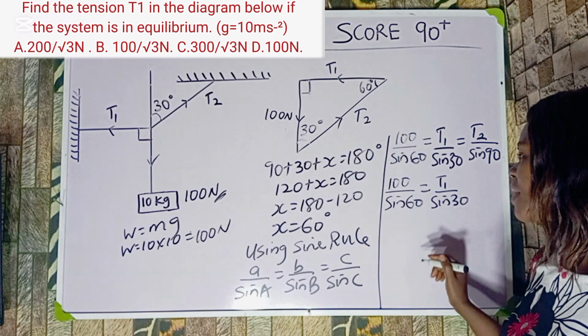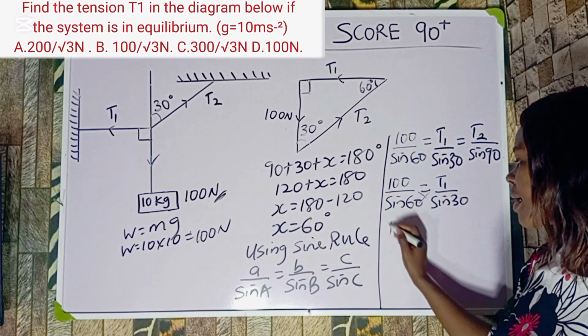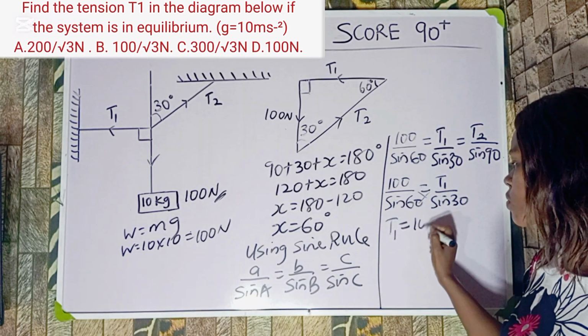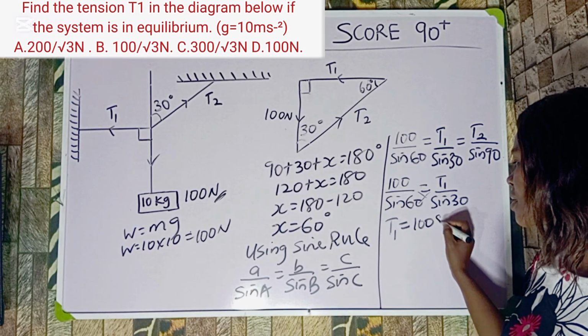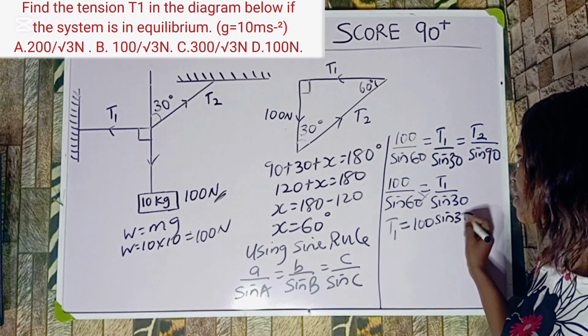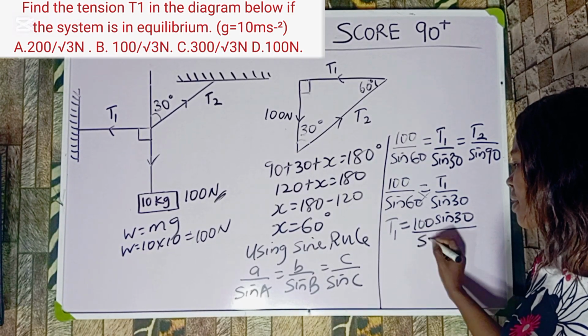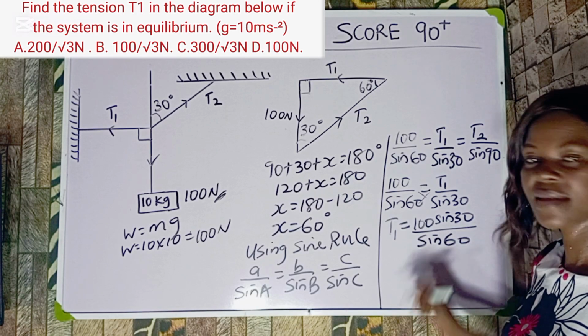Simply by cross multiplying, T1 is equal to 100 sine 30, divided by sine 60. Is that clear?